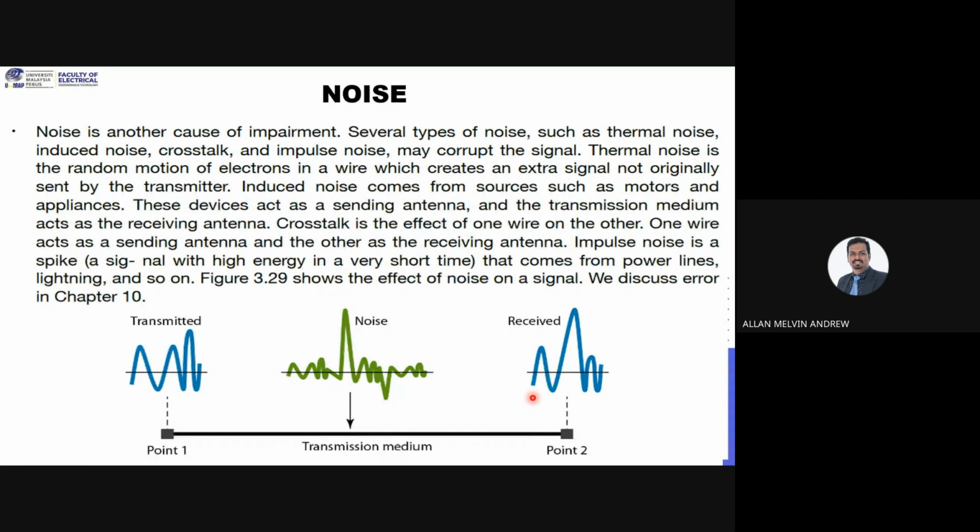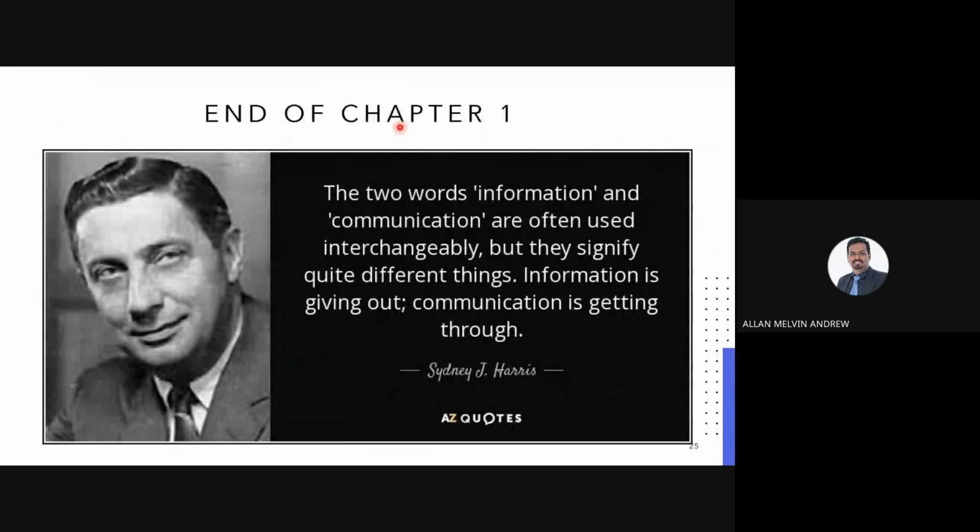We want to eliminate them totally, but maybe it's impossible, because we are co-living with all these things, but we can minimize it. Even mathematically, or we can use some kind of devices in order to minimize attenuation, distortion, and also noise. Okay, so with this we are concluding chapter 1.